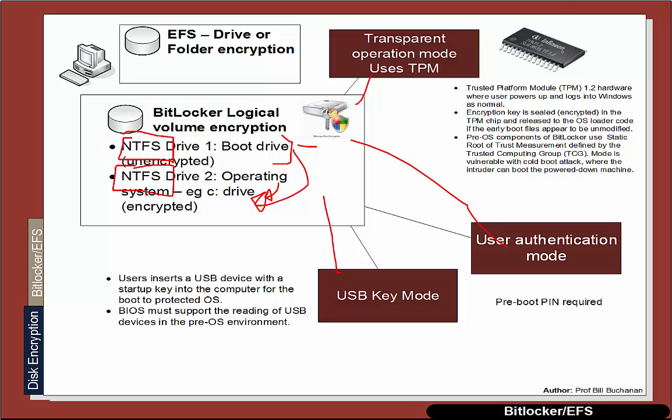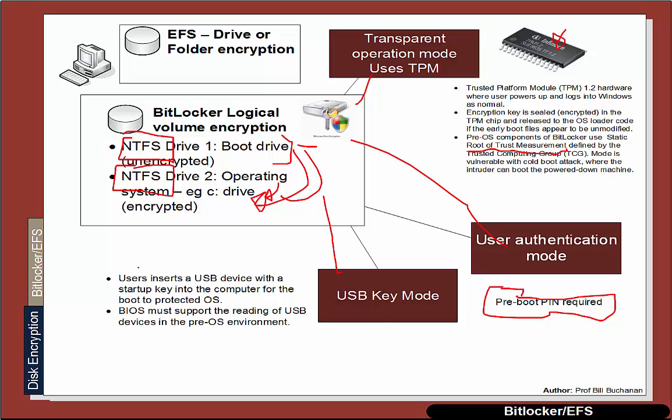So with the TPM, what we have is that the encryption keys are stored, sealed in this chip on the device, and then the operating system opens up the keys on the chip and allows the machine to be able to boot up. The user authentication mode has a pre-boot PIN integrated into it.